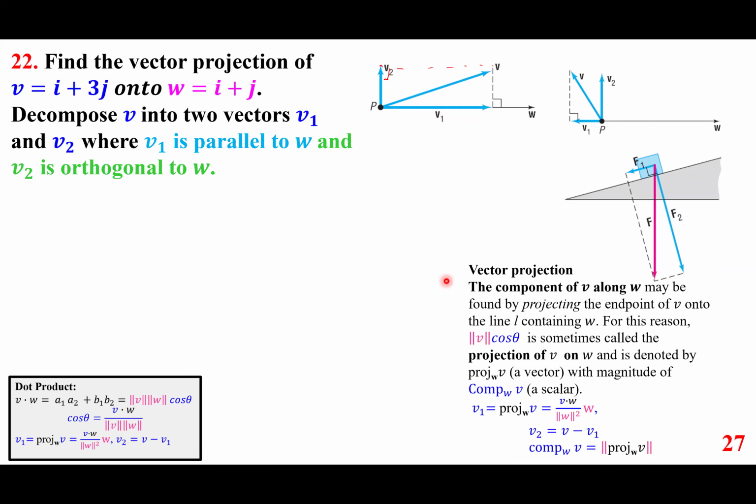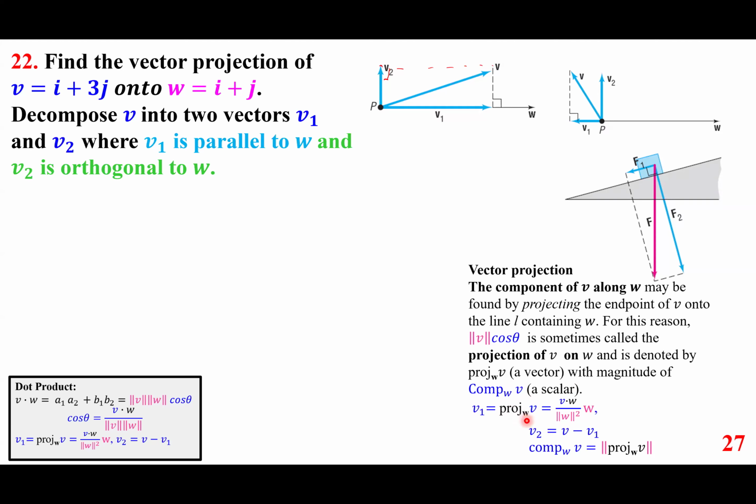So vector projection: the component of V along W may be found by projecting the endpoint of V onto the line L containing W. For this reason, magnitude of V cosine theta is sometimes called the projection of V on W and is denoted by projection of V onto W, a vector with magnitude of component V into W, which is a scalar.